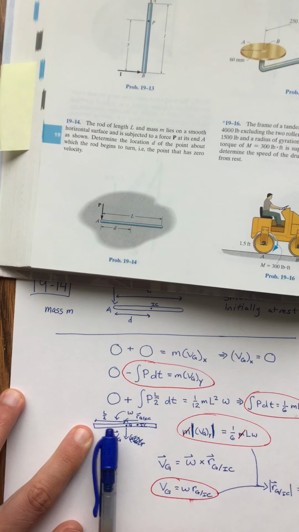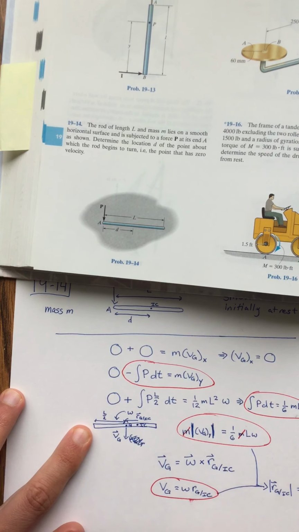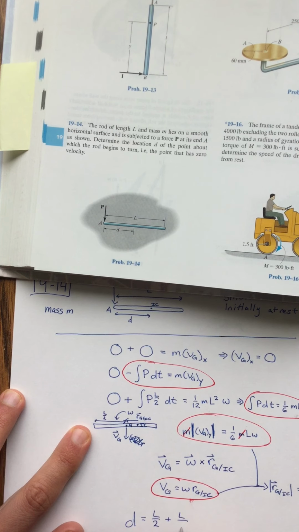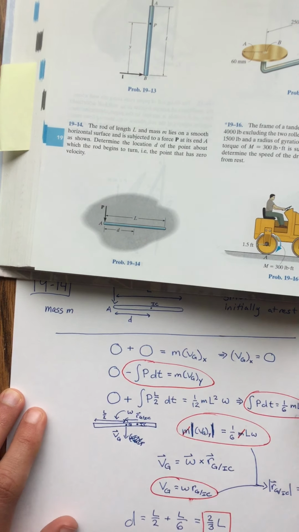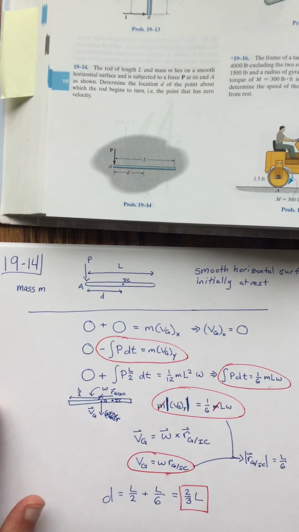So that's L over 2 plus this distance here, which is L over 6. So D is equal to L over 2 plus L over 6, which is 2/3 times L. Okay, so that's the solution for problem 14.